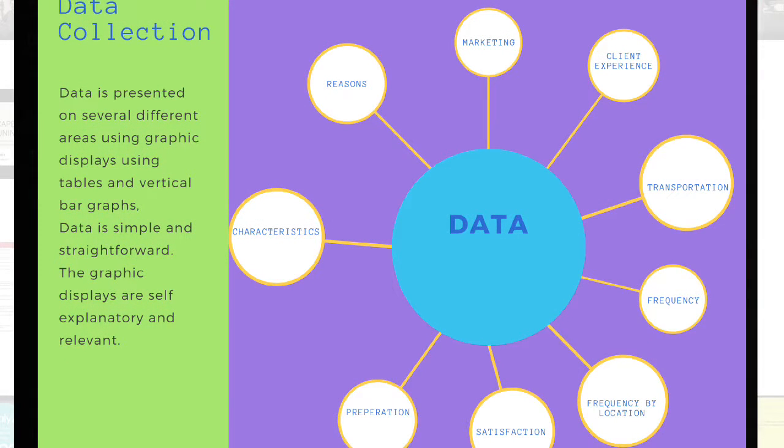In looking at the data collection and also how it was presented, it's presented using graphic displays in tables and vertical bar graphs.